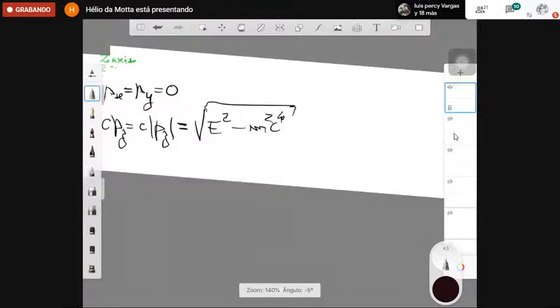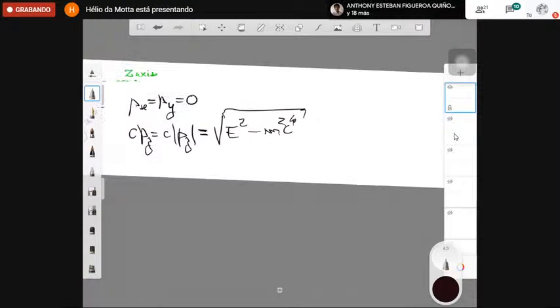Remember, from relativity, we have that E squared is the square of the momentum times c squared, plus m squared c to the fourth. In fact, here I have P squared, but P is a vector, so it should be the vector squared, whatever, it's a number anyway.